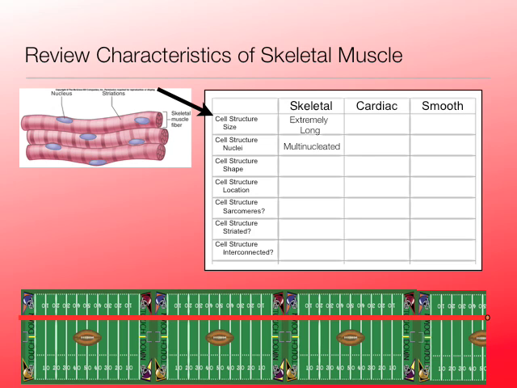Okay, what would we describe the shape of these muscle fibers? What's the shape kind of word that we would use? Okay, cylindrical. A cylinder has that round shape and it's long, right? Cylindrical.